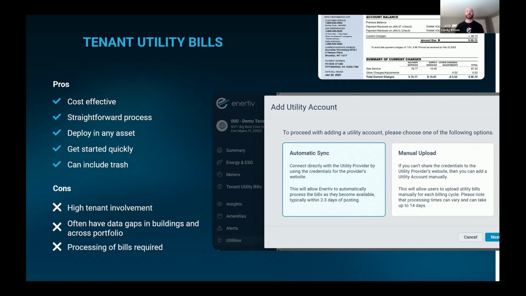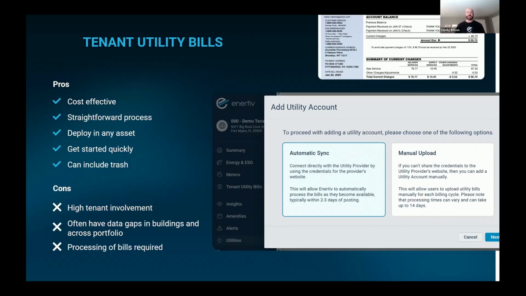A slightly more elegant way to do this with software is to have a tenant portal through which they can either add their utility login credentials, where the bills could be automatically gotten from their account, or they could, if they're not comfortable sharing their credentials, even in a safe online portal, manually upload them, drag and drop into the portal.